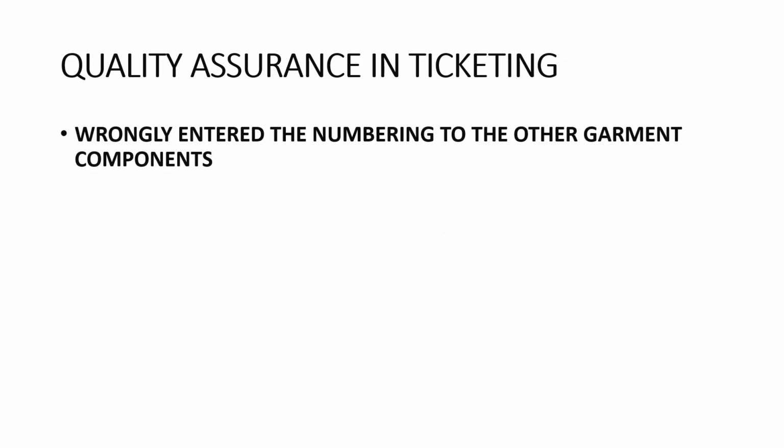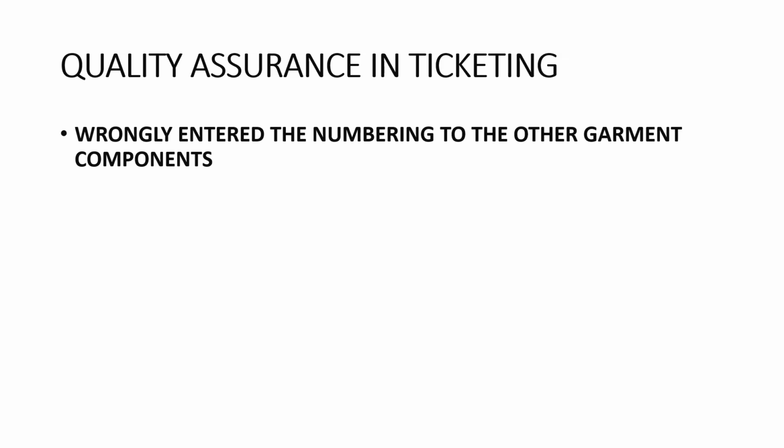So when you are talking about the quality assurance in ticketing, wrongly entering the numbering to other garment components also creates a disaster. So if different components or different numbers are mixed, and if it is wrongly entered, then also it is a problem.